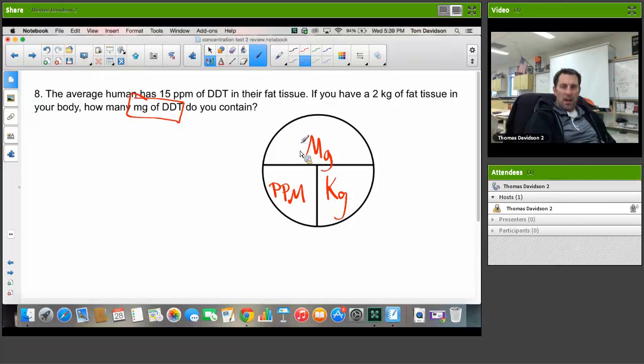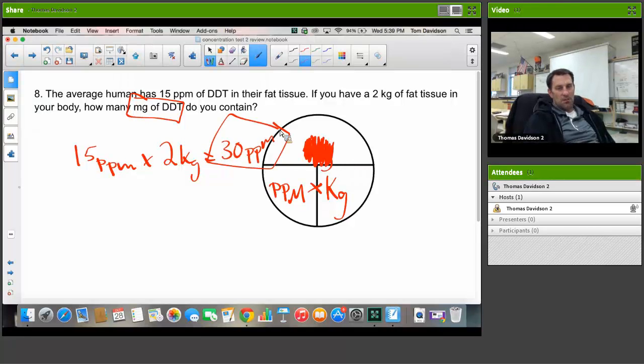So I'm going to cover that up, and I will do whatever is left in the math. So to solve for milligrams, I cover it up, and it tells me I'm left with parts per million times kilograms. So I take my 15 parts per million, and I multiply it by my number of kilograms, and I end up with 30 milligrams.